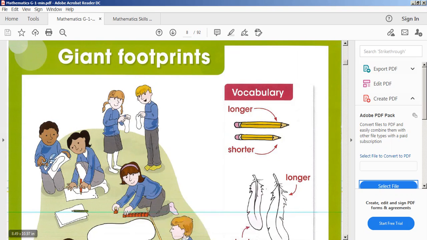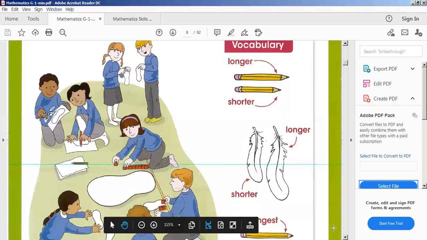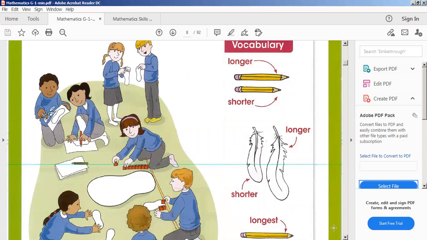Everyone draws their footprint, and after drawing it, they measure with blocks and different things, to know whose footprint is shorter and whose is longer.